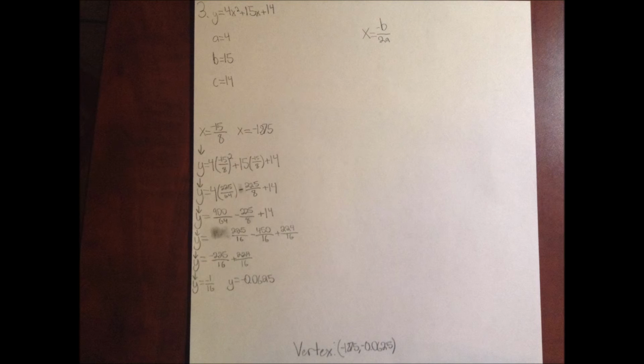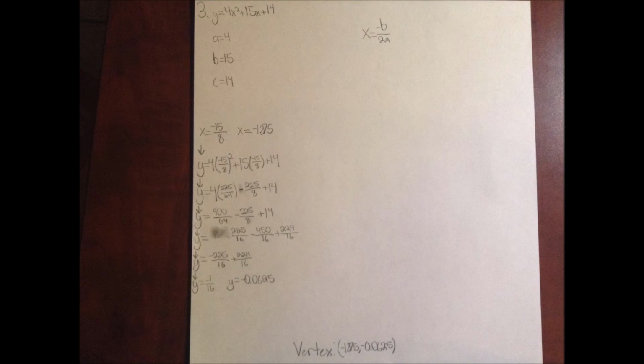And now since 16 is 2 times 8, we have to multiply the numerator and the denominator by 2. So that turns into negative 450 over 16.